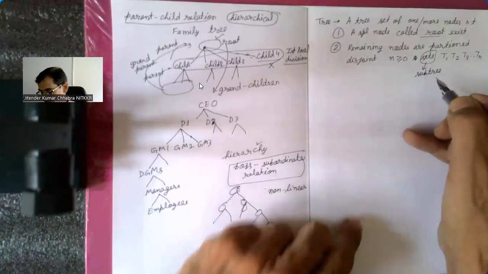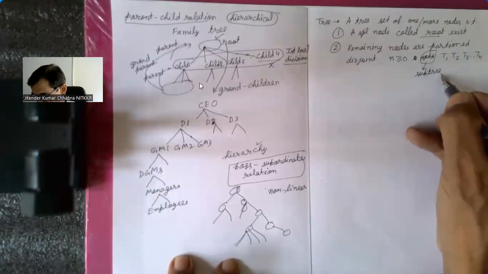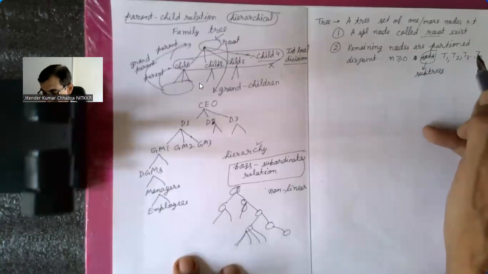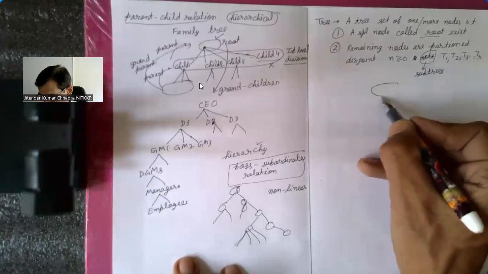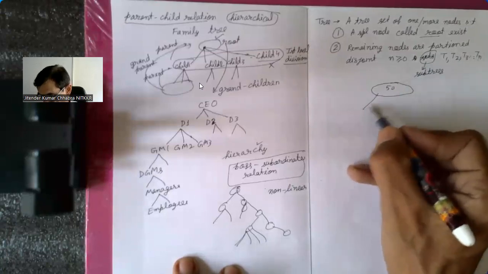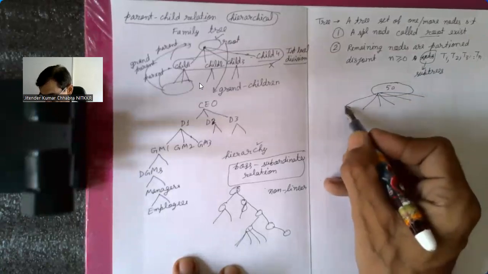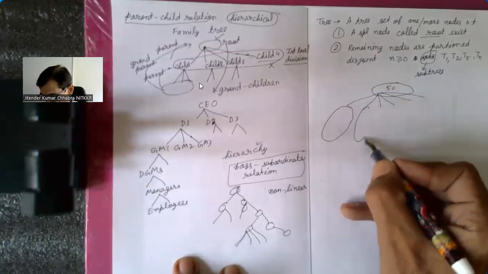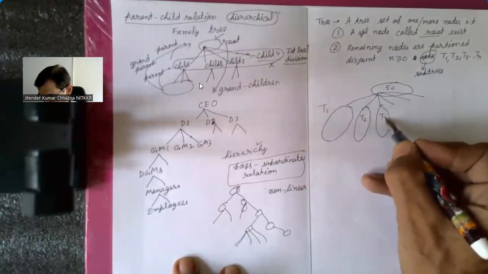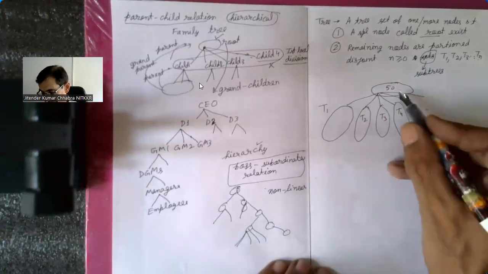So these are disjoint sets or disjoint subtrees, which are T1, T2, T3, and so on. Let's say I have this as a root, with data 50. Now it might have lots of nodes under this. Each of these is one set. This is the T1 set, this is the T2 set, this is T3, T4, and so on, whether it's a file or anything.